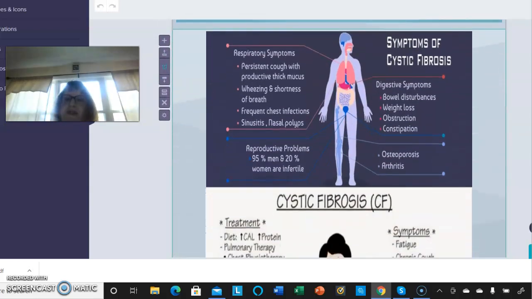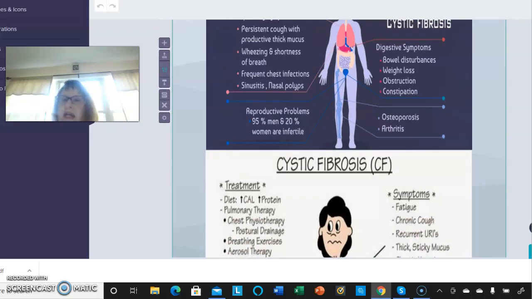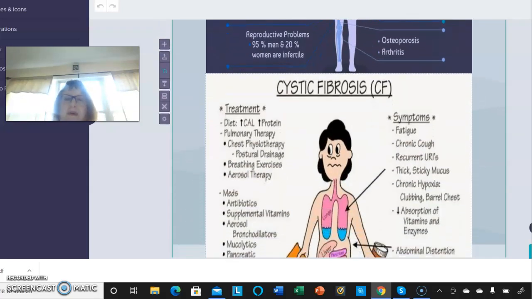Some symptoms of cystic fibrosis are persistent cough with productive thick mucus, wheezing and shortness of breath, frequent chest infections, sinusitis, nasal polyps. Children with cystic fibrosis also have some digestive symptoms, bowel disturbances, weight loss, and they don't digest their food well.